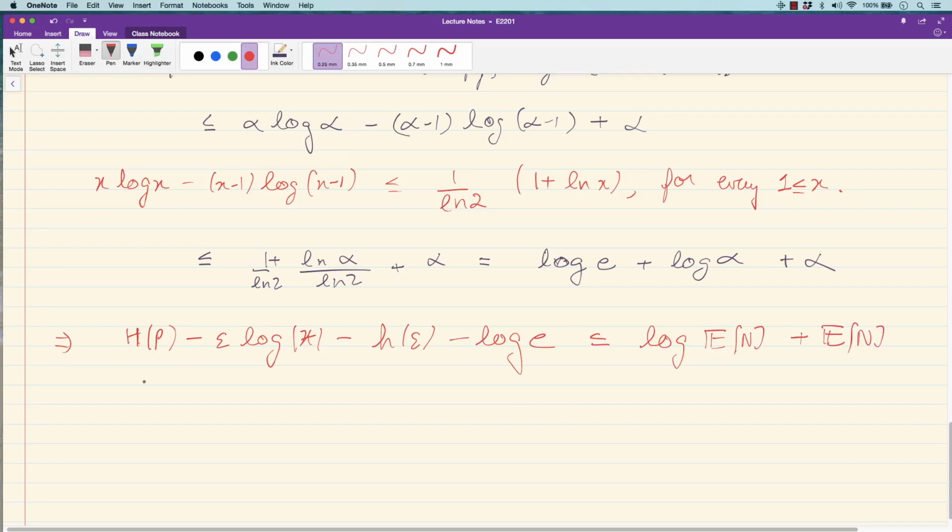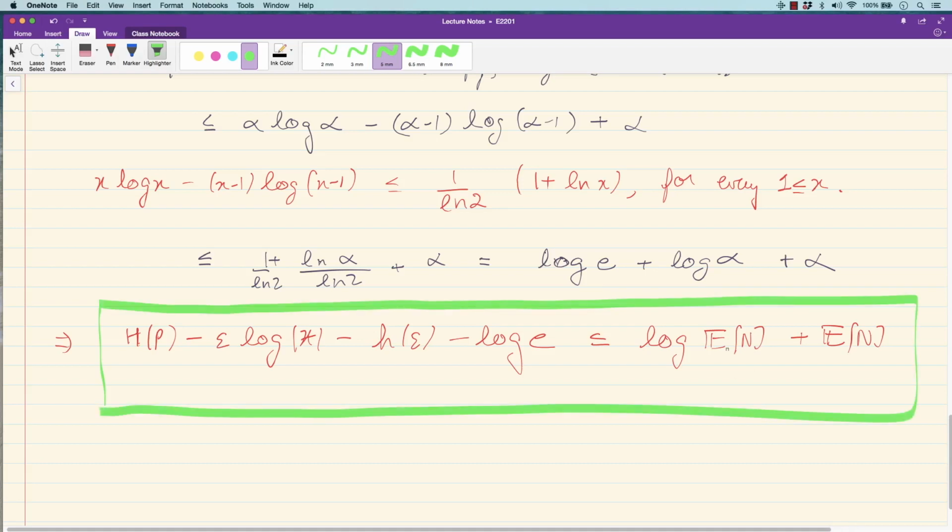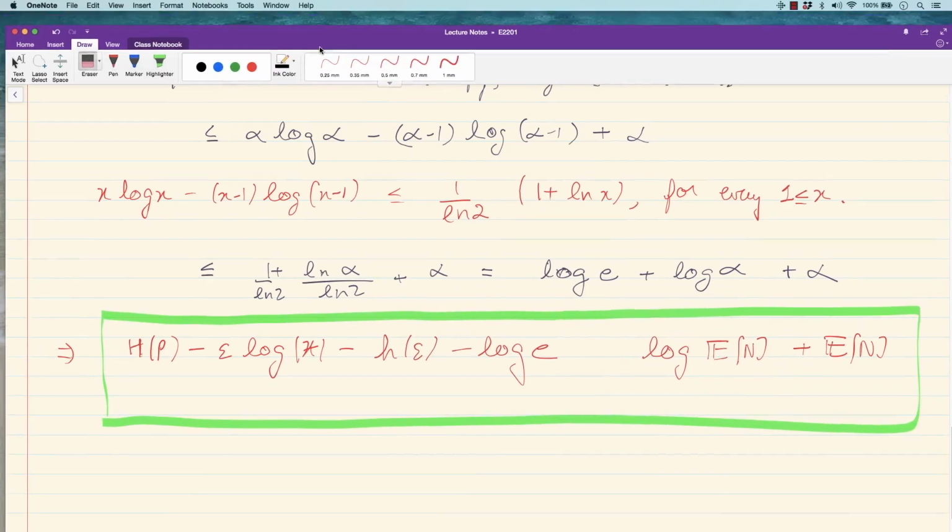So we are almost there, except that we wanted a lower bound for expected value of n, and what we have obtained is sort of an upper bound for this term on the left.